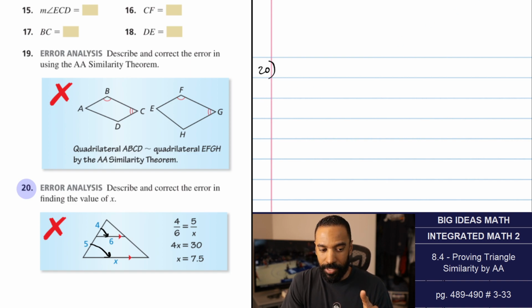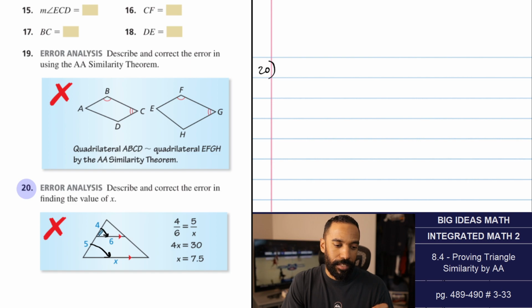What's wrong is the 5. 5 is not corresponding with 4 in the same way that 6 is corresponding with x.